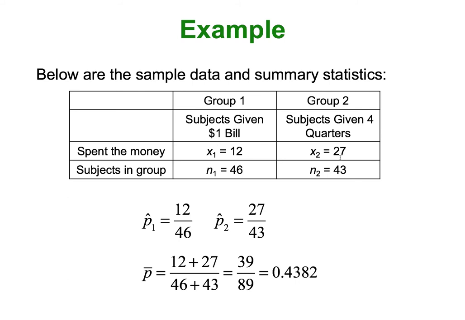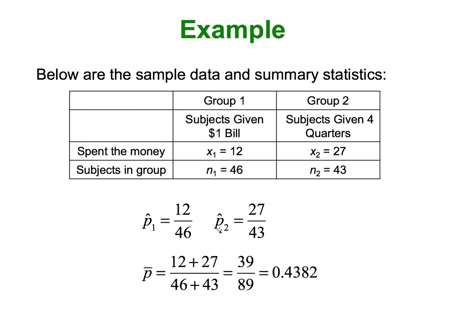In the second group, we had 43 people who were given 4 quarters, not a dollar bill, but 4 quarters. Same amount of money, it's just given to them in 4 quarters. And they were given the same opportunity, and 27 of them spent the money. So our first sample proportion is 12 divided by 46.